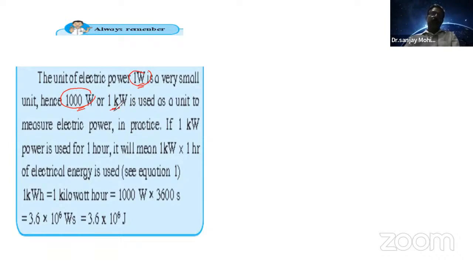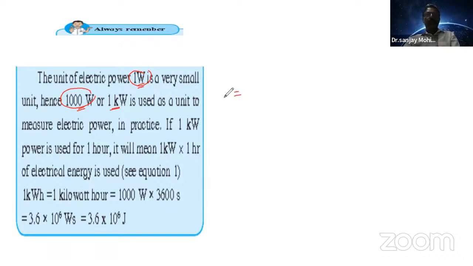But we know that we use appliances continuously, and therefore energy is calculated in terms of how much power is used in how much time. So let us calculate: if we use a device of 1 kilowatt for 1 hour, how much energy is consumed?